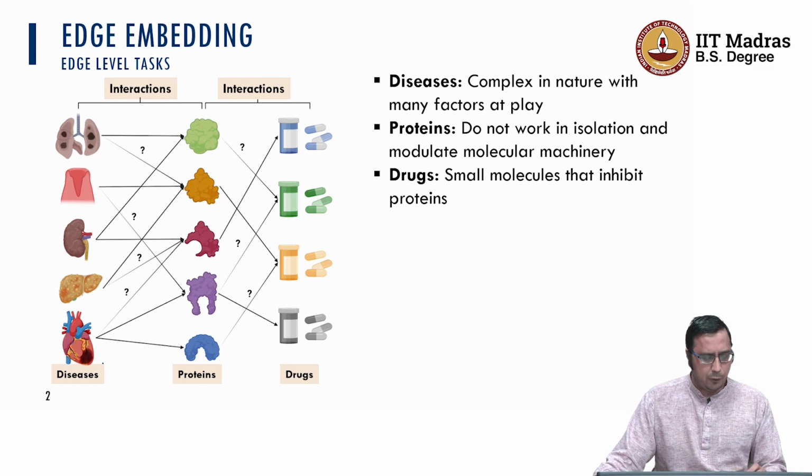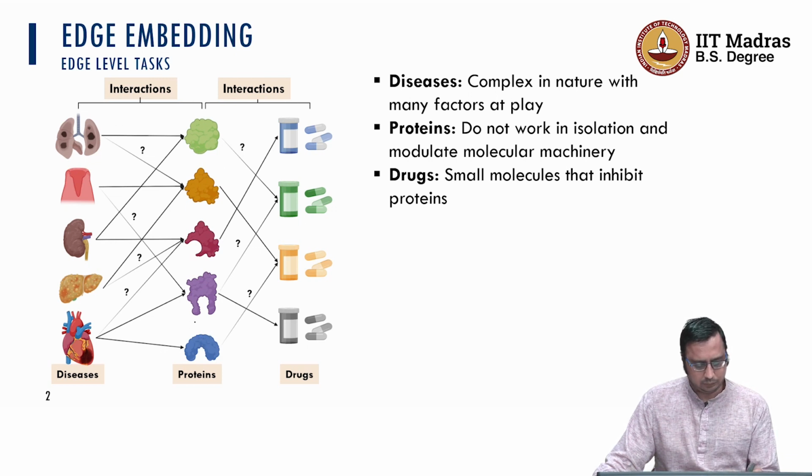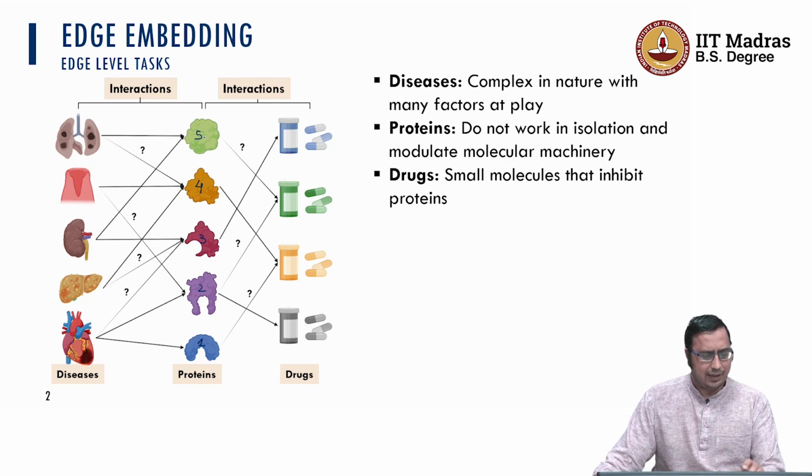For example, if I know that the malfunction of protein number 1, protein number 2, protein number 3, protein number 4 and protein number 5 can create certain diseases in a certain organ. For example, some protein here can create disease in this particular case.